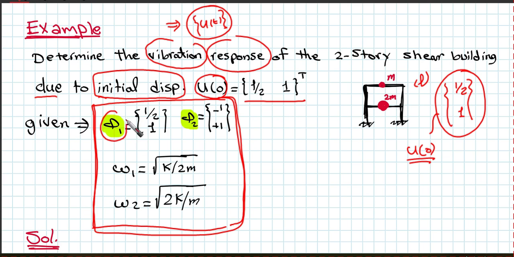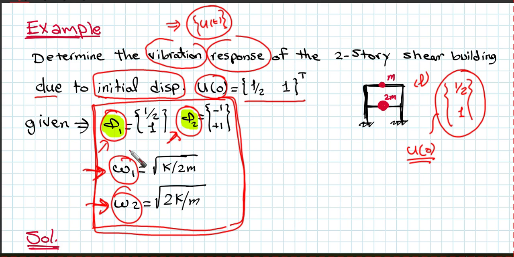So we have phi 1 and phi 2, the first mode shape and the second mode shape. They are given for us: half and 1, and minus 1 and 1. It is similar to the previous example that we worked before. And omega 1 and omega 2, we have already calculated them before.